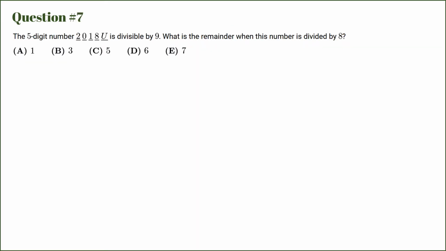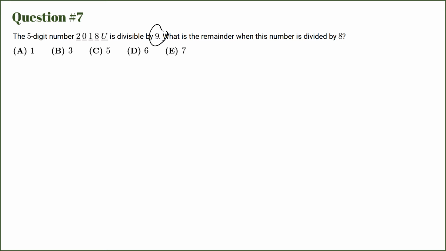Question 7 states, the 5-digit number 2018U is divisible by 9. What is the remainder when this number is divided by 8? So let's think about the divisibility rules for 9. For a number to be divisible by 9, the sum of its individual digits has to be divisible by 9.